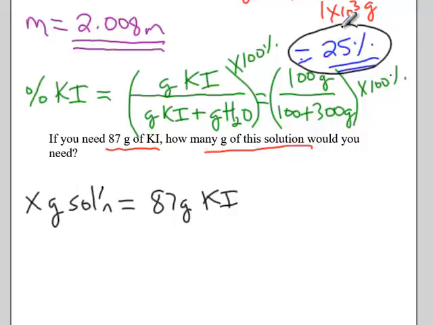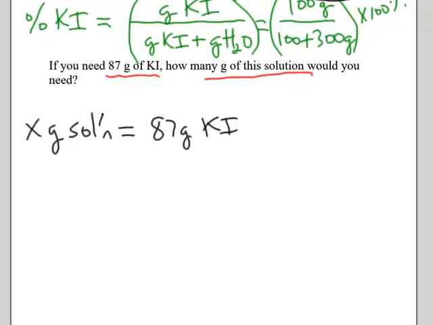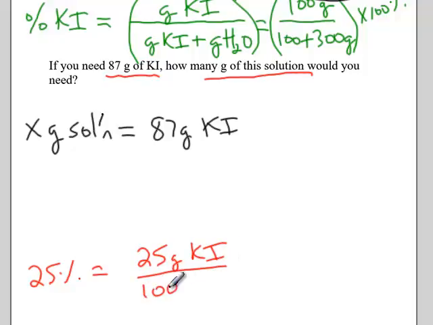And this 25%, the mass percent, relates those two things together if we write the definition again. So 25% means 25 grams of potassium iodide per 100 grams of the whole solution.